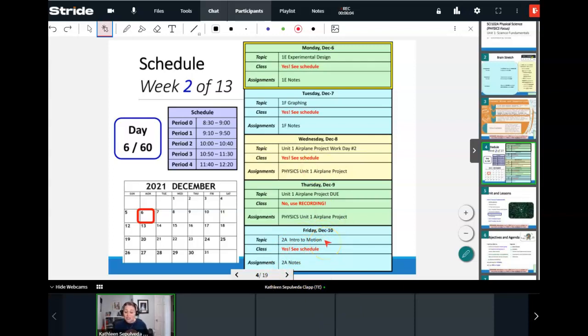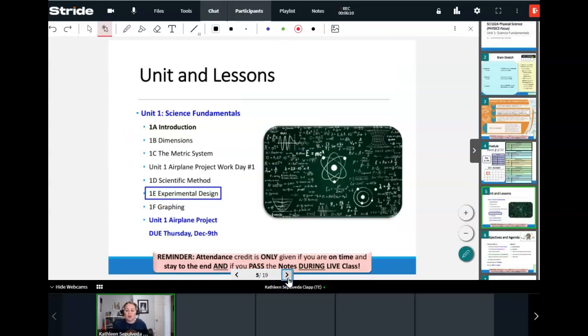We are moving and chugging along just beautifully. Just like I said before, December 9th is the day we're going to turn in our airplane project. I don't see any reason why we cannot set that in stone.